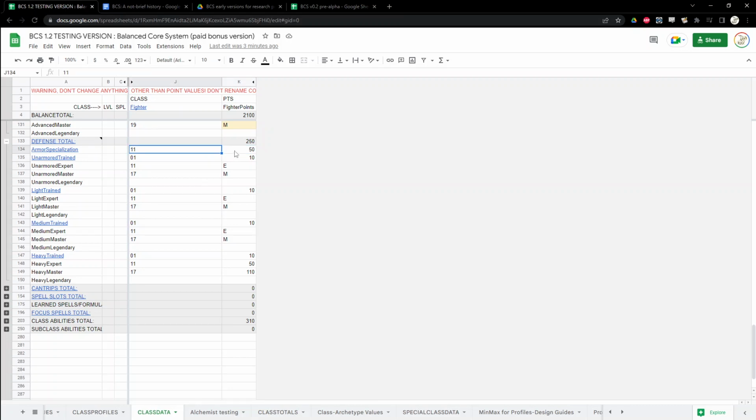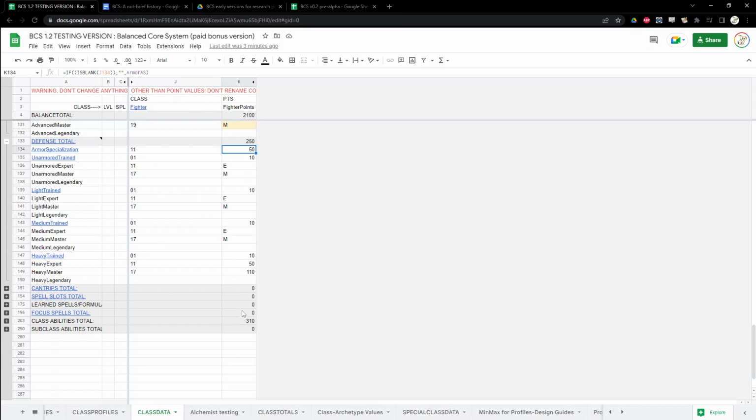If I ever find something better, or if there's ever a feat that gives armor specialization at a different level than, say, a level 6 feat, then I'll have to reevaluate this. But it seems to be working okay. I think the fighter and champion are the only ones that get it, so I've just given them 50 points for that, and it seems to work.